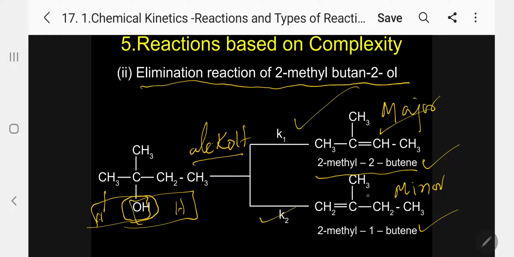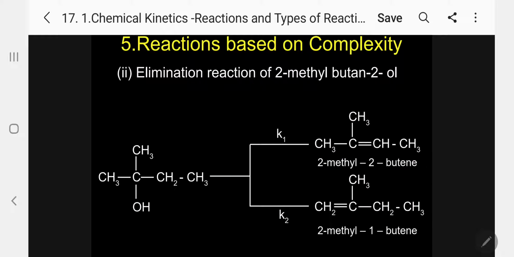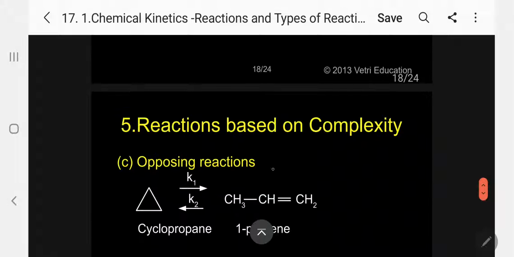In the other case, there are three substituents, three methyl groups. So with three methyl groups nearby, 9 hyperconjugation structures are possible, giving more stability than the other compound. So 2-methyl-2-butene is more stable than 2-methyl-1-butene. That's why it is major. So this is an example of parallel reactions.